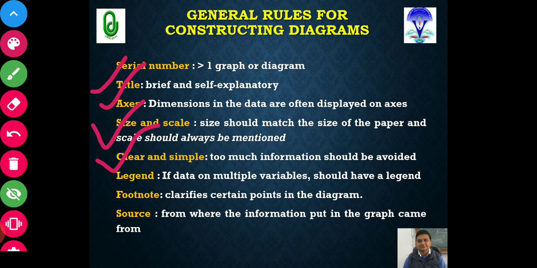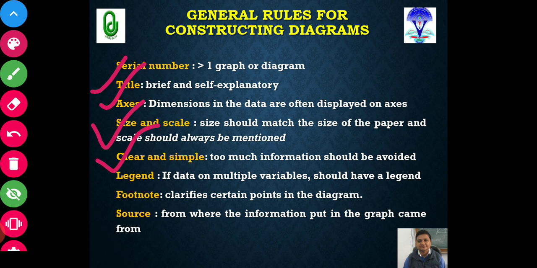Then the legend. If data are on multiple variables, it should have a legend. Suppose you are presenting data on milk production of various states. You have to write the legend below the graph or chart that you are preparing.